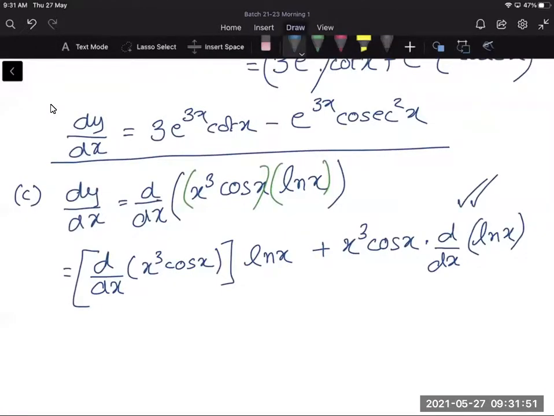But for this one, what will we have to do here? Sir, again, you're going to have to use the product rule. Yes. Apply the product rule again. That's not a problem. Okay. I'll tell you a shortcut in a moment. Apply the product rule again. I hope that you figured this out, everybody.